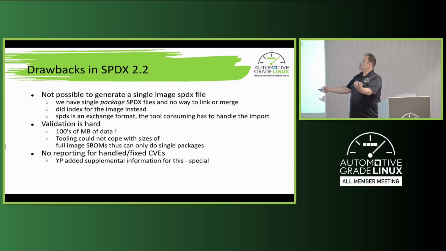But there was no way to say that we applied a patch already. That was added by Yocto, but it was kind of a special unicorn solution. They used a comment field to say, we handled this, we handled this. Okay, so that's 2.2.